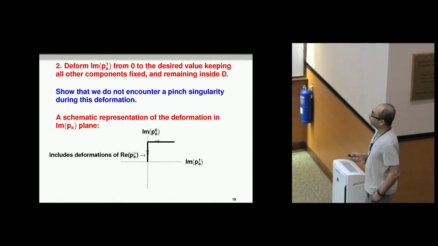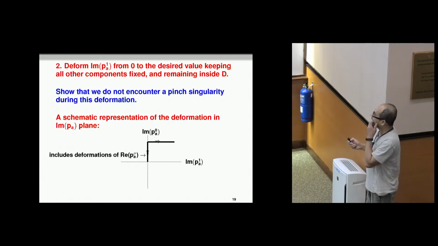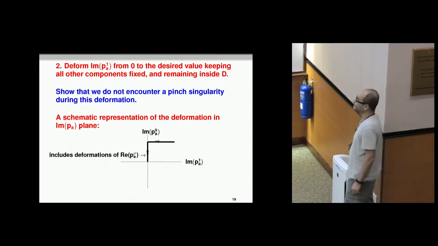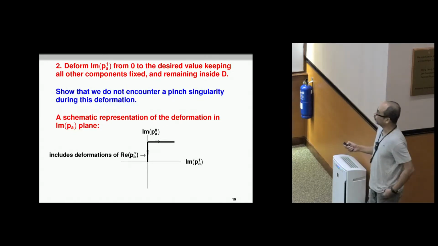The second part is to deform imaginary P1 from 0 to the desired value, and in this step we keep all other components fixed and remain inside D. And again you have to show that you do not encounter a pinch singularity during this deformation.